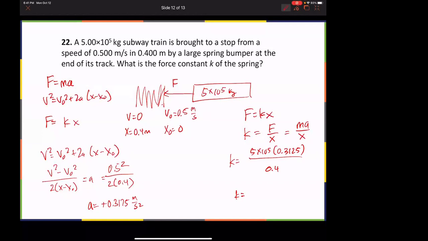I got 3.91 times 10 to the 5th for k. Big number. Any questions there?